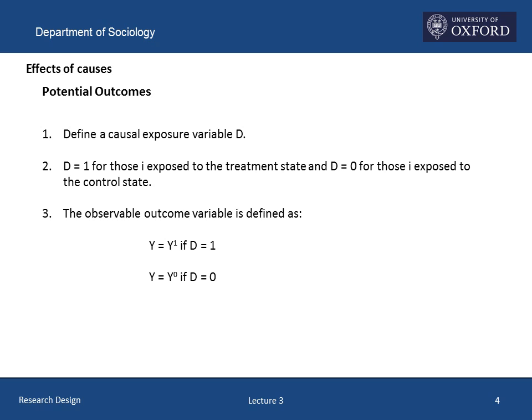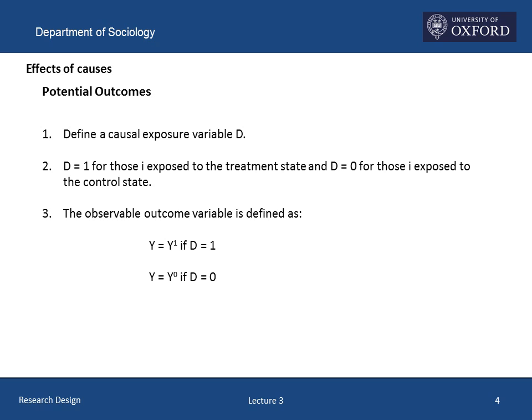We need now to define some notation for exposure to the treatment conditions. Let's define a causal exposure variable, capital D, as follows. D equals 1 for those i actually exposed to the treatment state, and D equals 0 for those i actually exposed to the control state.